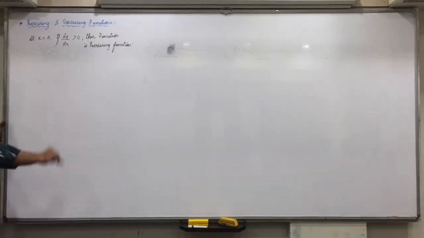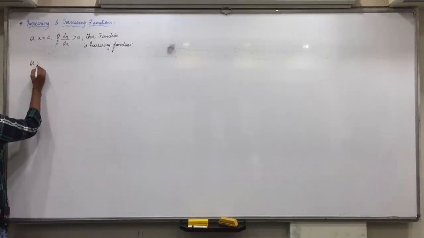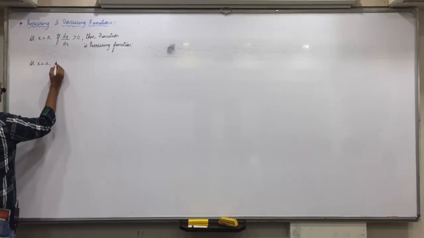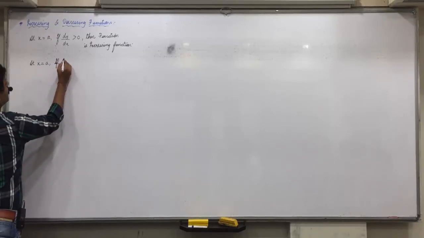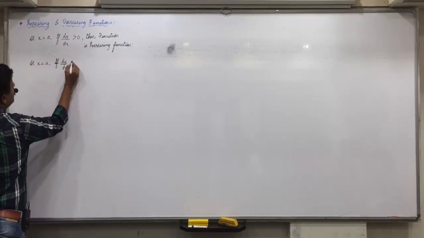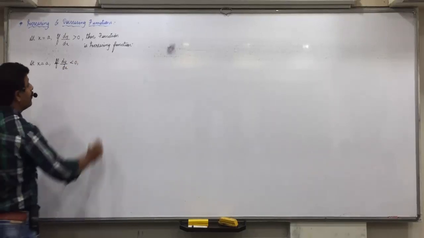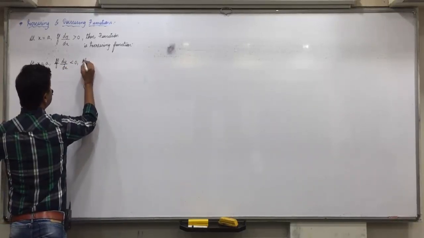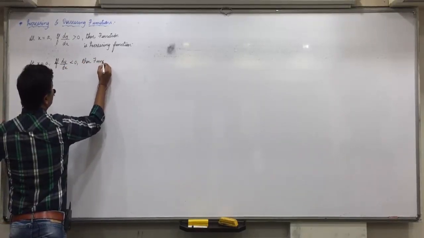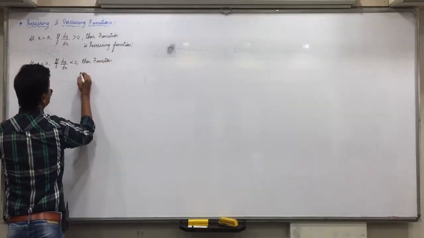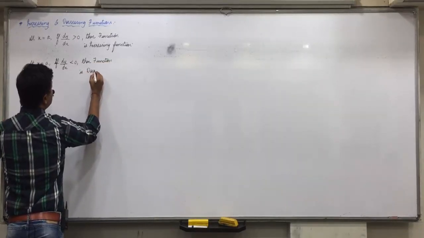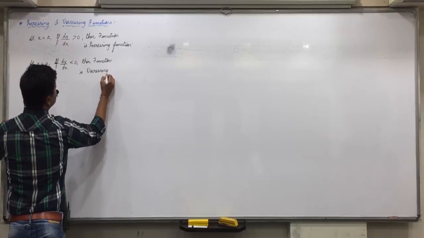Understood this? And at any value of x, say equal to a, if dy by dx comes negative, means less than 0, then we'll say function is decreasing function.